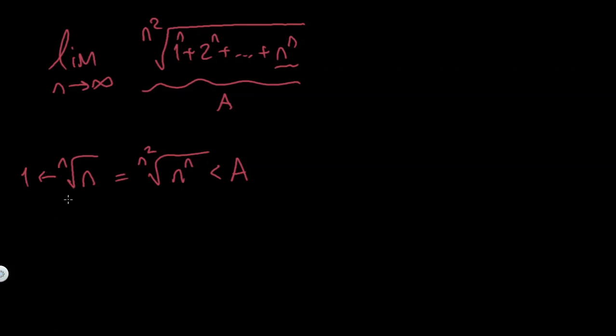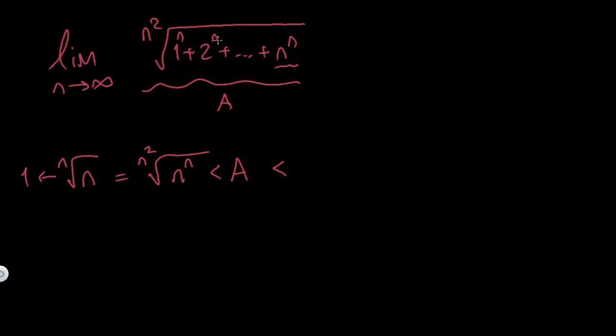This is for one part, but now I should find another bound so that in the end I can say by the squeeze theorem that my limit is equal to 1. So how can I do that? I can say that 1 over n is less than n to the n. Is it correct?